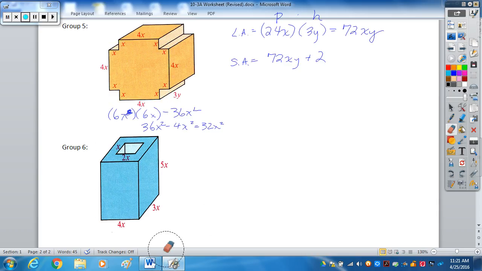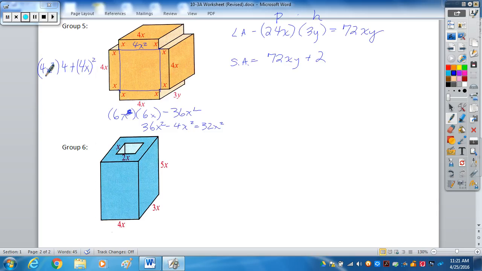Actually, I think it's, yeah, I've seen students do this. Okay, so 3 rectangles. I've also seen students do this. Okay, 4 rectangles in the square. If I do the 4 rectangles in a square, this would be 4x squared times 4 plus, and then this would be 4x by 4x.